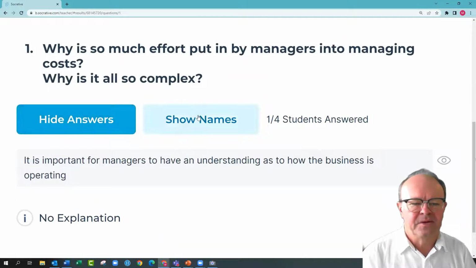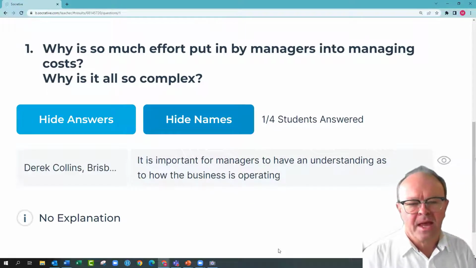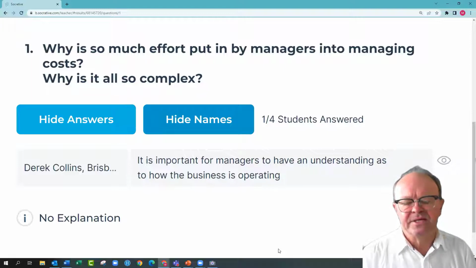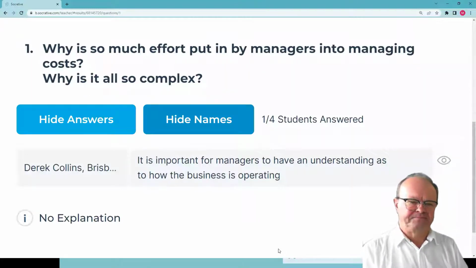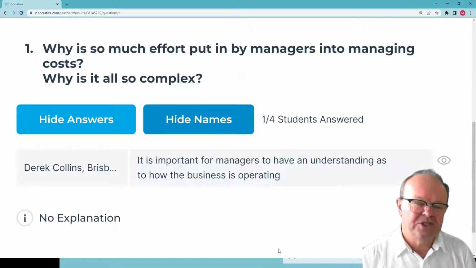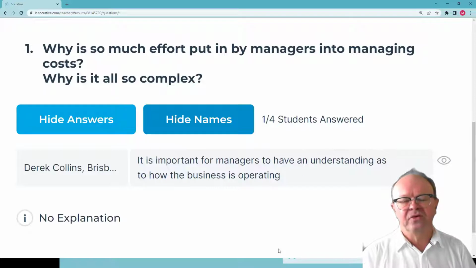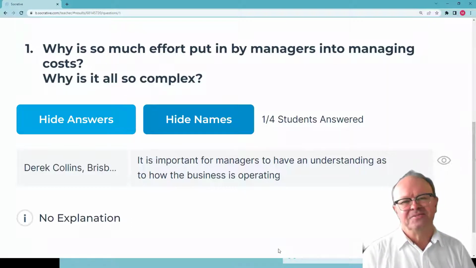Oh, I've got one response. Derek in Brisbane: it is important for managers to have an understanding as to how the business is operating. That's right. There can be a lot of costs in a business. Ryman Healthcare has well over $1 million of costs every day of the year, including Christmas Day.